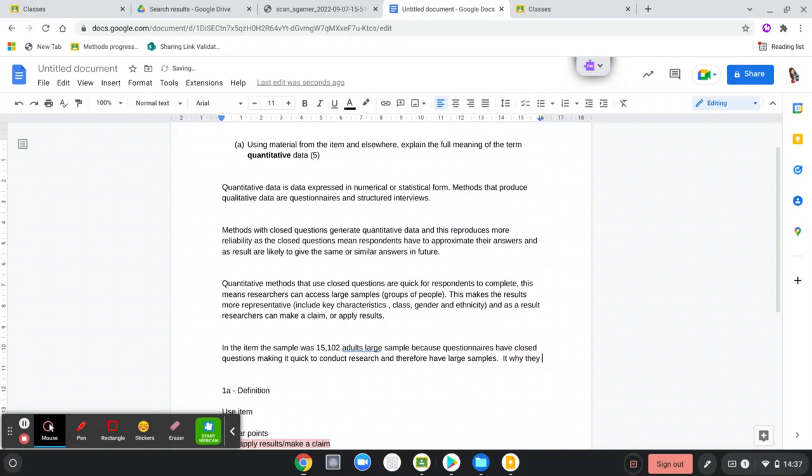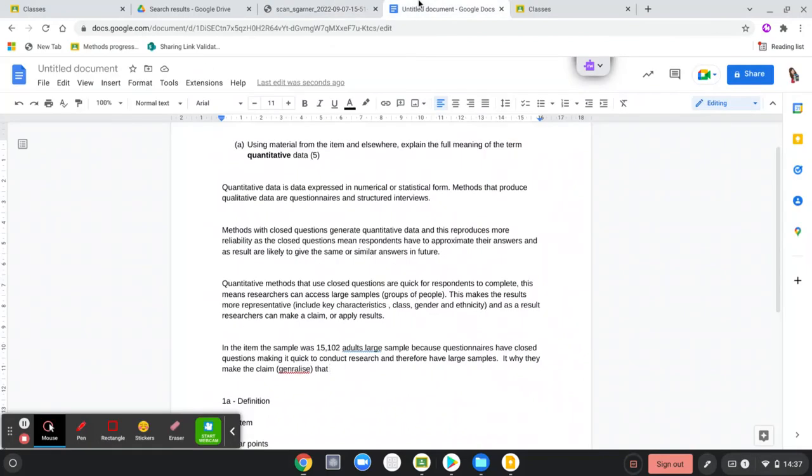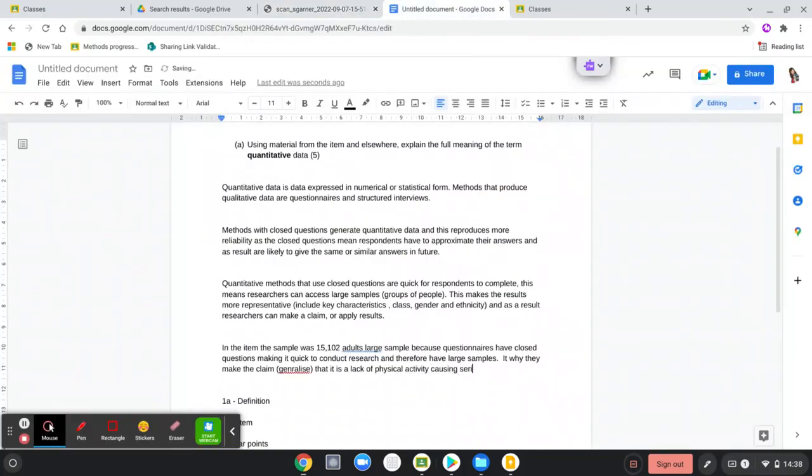It's why they can make the claim, in brackets, generalize, that, let's check what they exactly said, that it's a lack of physical activity that's causing serious health conditions. So I'm taking the generalizability that the item linked at and the representativeness to link to the item.